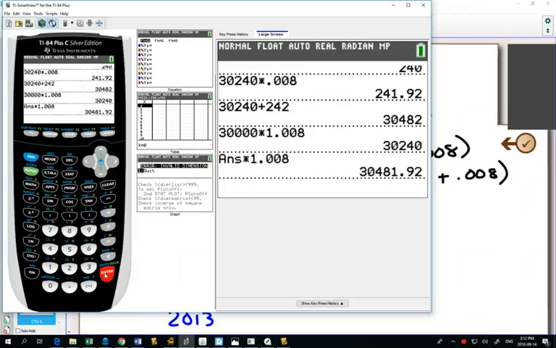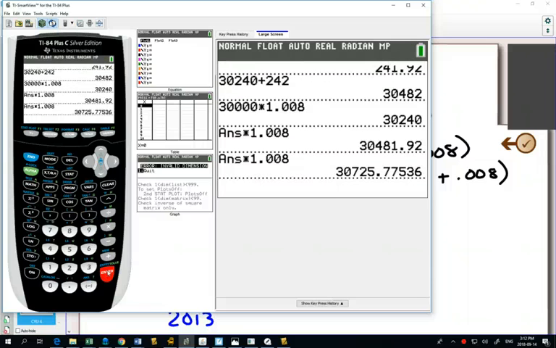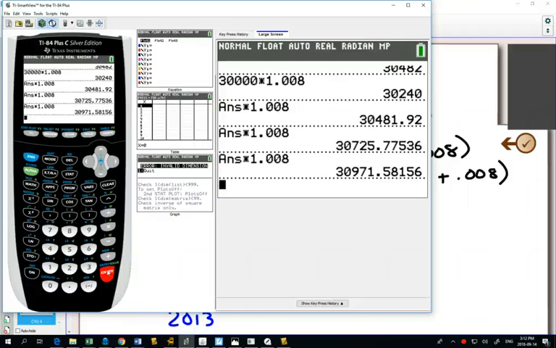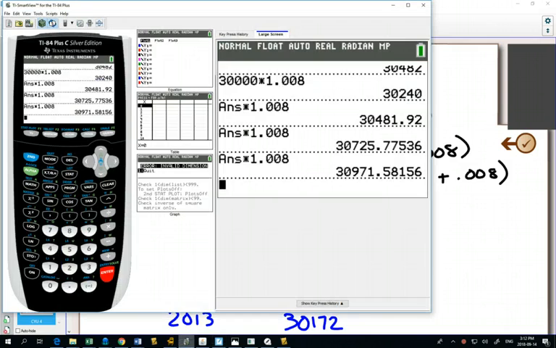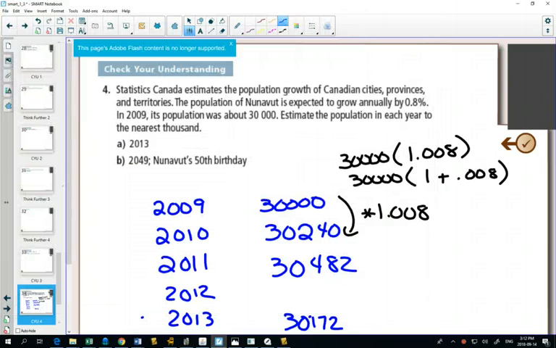That was 2011, 2012, 2013. 30971.5, so I'll round that up. Oh man, is that right? Is that my memory? No. Nice. So we could figure out 2013 just this way, continuing the process.